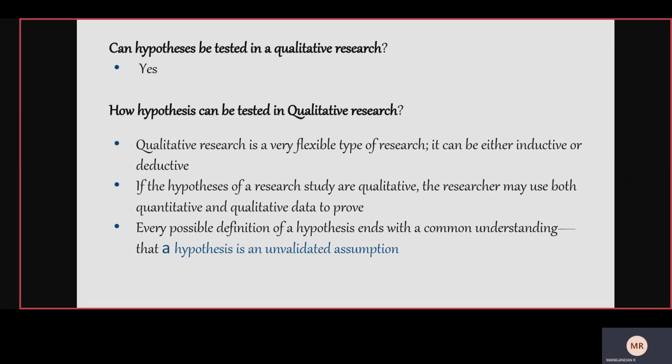While coming to quantitative research, everything has to be provable, because you are going to use statistical measures, and every possible definition of a hypothesis ends with a common understanding that a hypothesis is an unvalidated assumption.